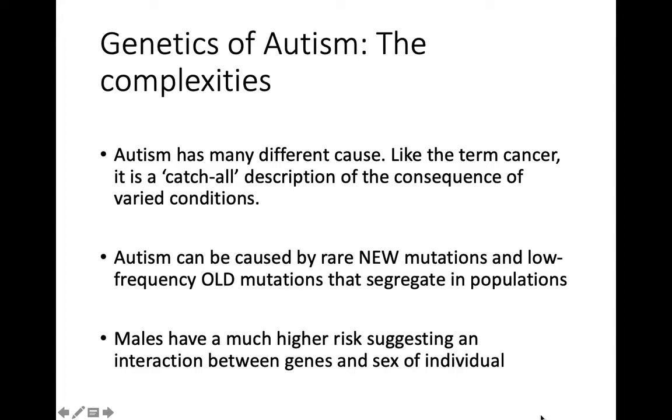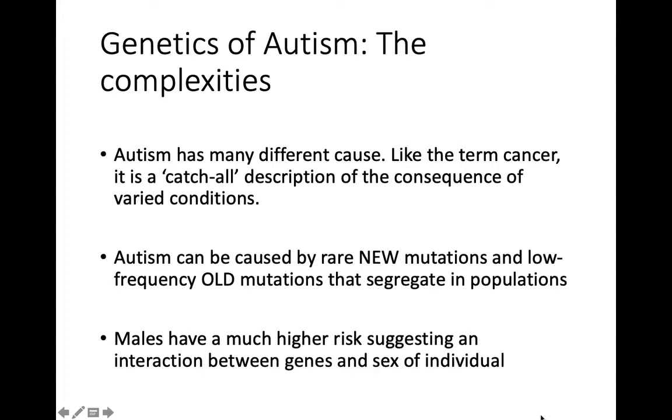But there are some complexities associated with this. First off, autism has many different causes, and it's not necessarily a single phenotype. For example, cancer is a catch-all description of the consequences of varying conditions. So there may be very different reasons why two different people might have autism, both genetically and perhaps environmentally.